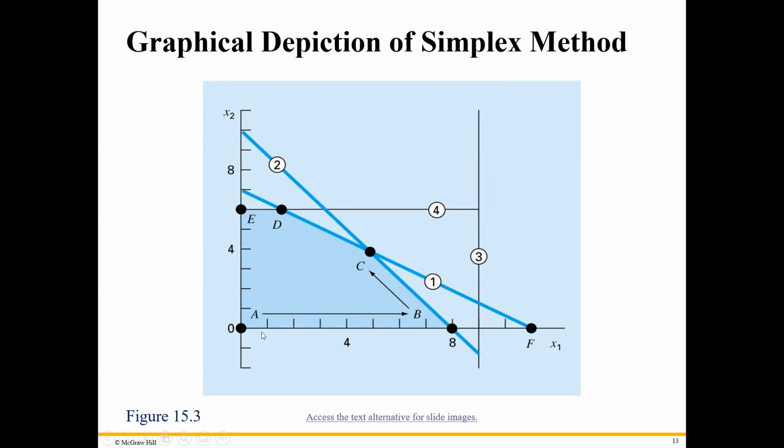In the first iteration we move from A to B, in the second from B to C. If we adopt the path A, E, D, and C, we need 3 iterations: A to E, E to D, and D to C.